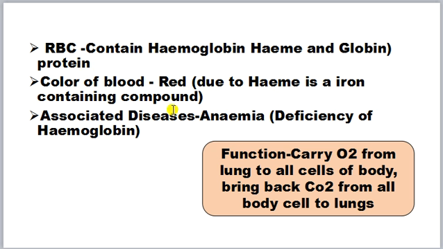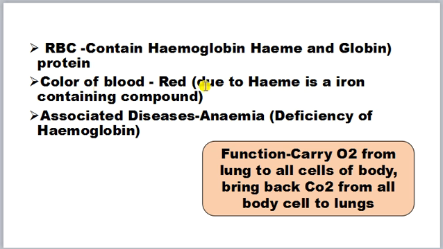So basically it provides red color to the blood. In a nutshell, RBC contains the hemoglobin compound. Heme is a compound which contains iron, and globin is a protein which surrounds this heme molecule. So due to this heme compound, there is a red color of the blood.